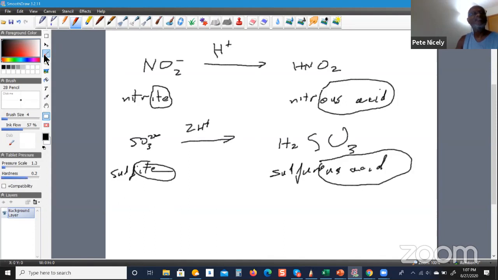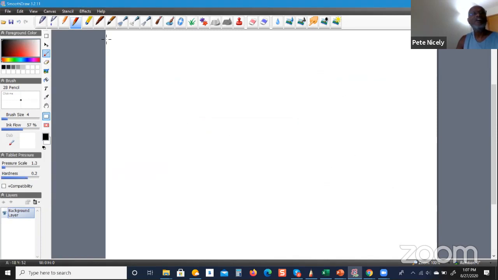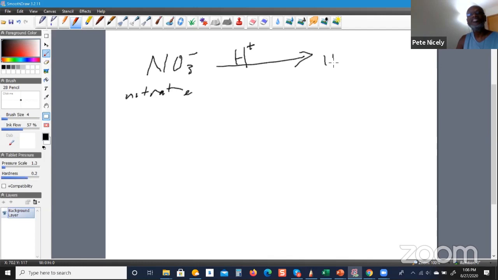Now, here are some other situations where instead of the ITE ending in the anion, we have an ATE ending. Let me give a couple of examples of that. This ion here, NO3 minus, is called the nitrate ion. To get the corresponding acid, we add 1 H plus, and the formula becomes HNO3.